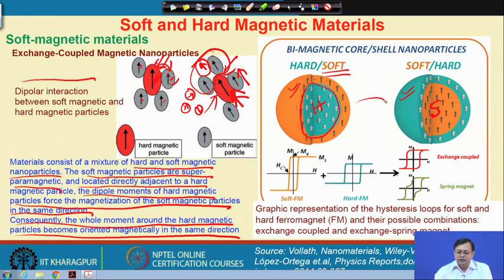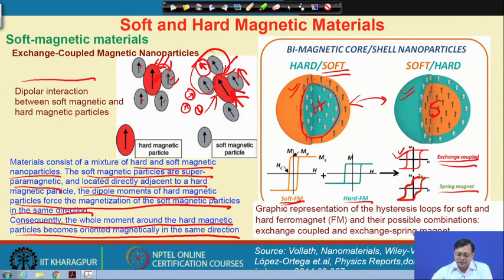So, these could be the two different cases, and the interesting thing here is that I have added this soft domain and hard ferromagnetic domain together, and the resultant exchange coupled magnet can show us such a hysteresis loop, or a spring magnet type of behavior, with such differences in a zigzag type of curve behavior.